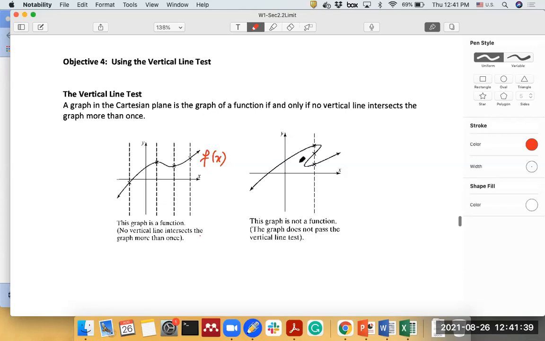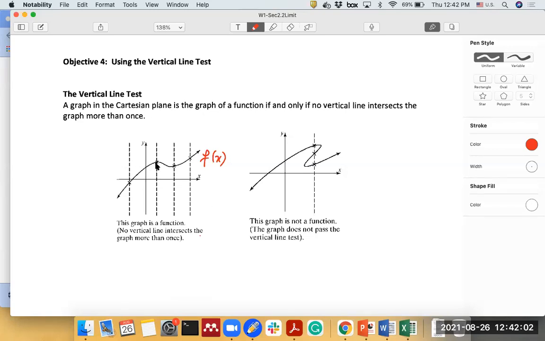However, at this curve, if we draw a vertical line right here, it cuts the curve at 3 points. So, is it a function? No. This is called the vertical line test, okay? To check if it is a function or not.